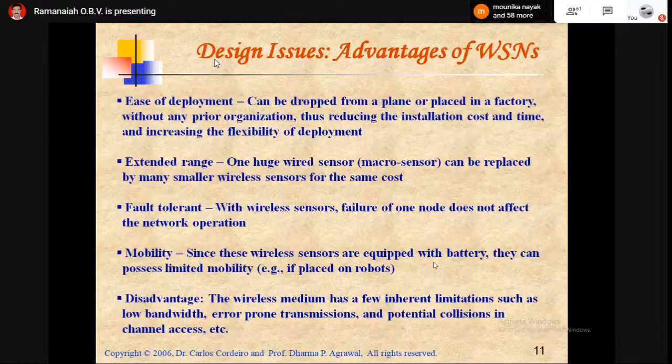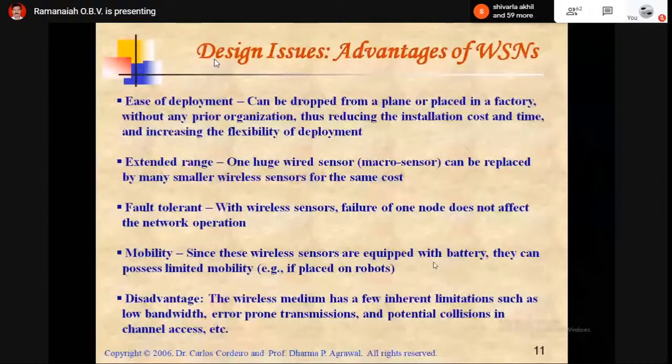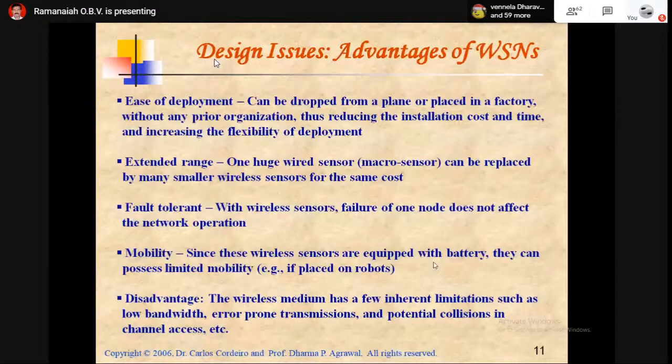right? For example, if the weather is bad, transmission will be corrupt, will be faulty. If the sensors are placed in an area with geographical disadvantage, terrain or mountainous, rocky area, because the rocks are uneven in size, height and width, there won't be any uniformity in sensing.